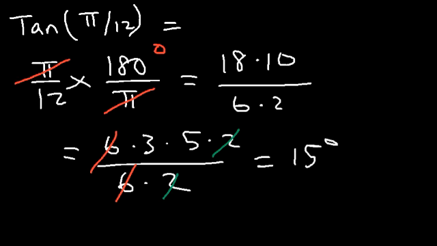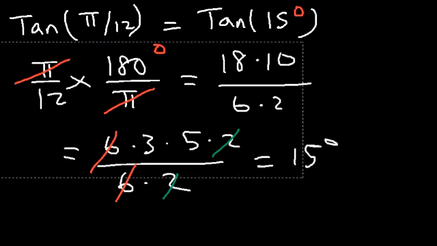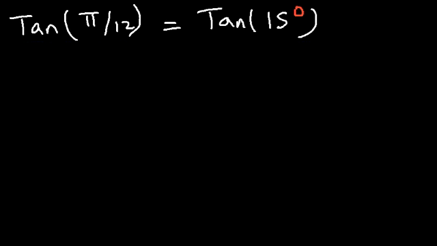So tangent pi over 12 is the same as tangent 15 degrees. So we can tell that we need to use the tangent A minus B formula, because 45 minus 30 is 15. I mean, that was supposed to be a 30.